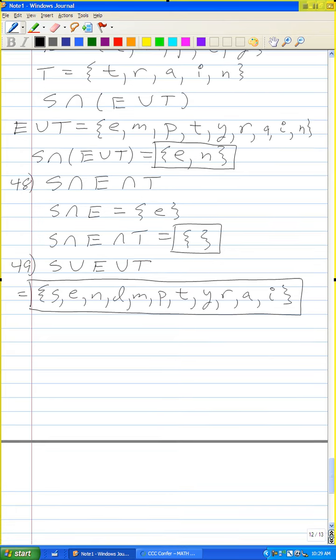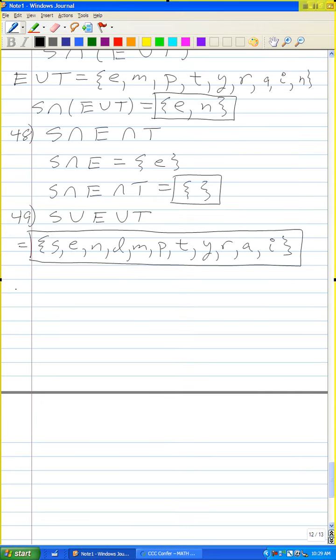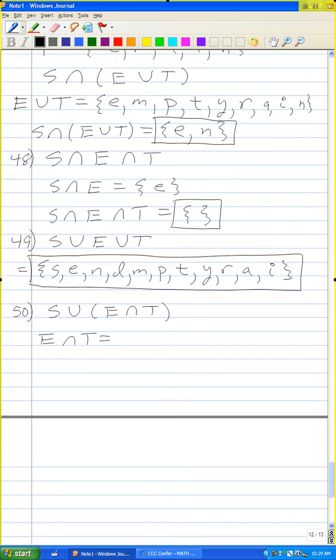50. S union E intersect T. E intersect T is, well, let's see.